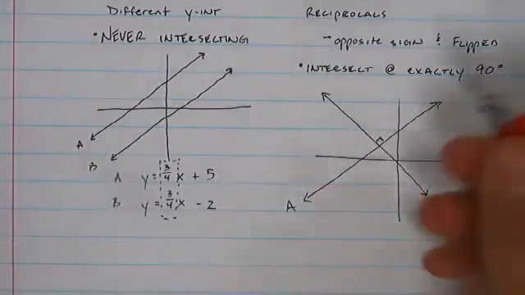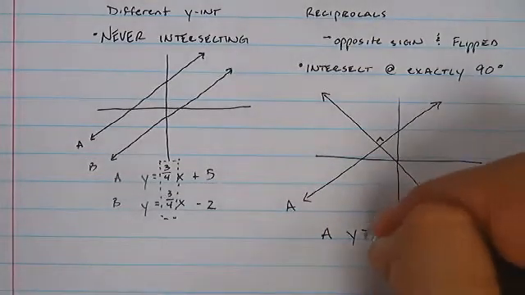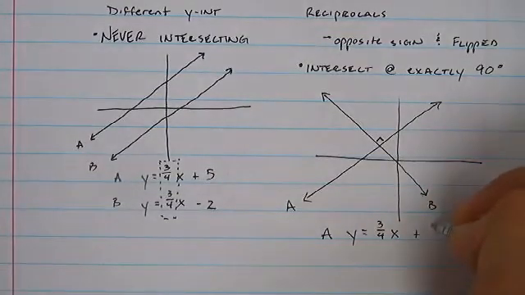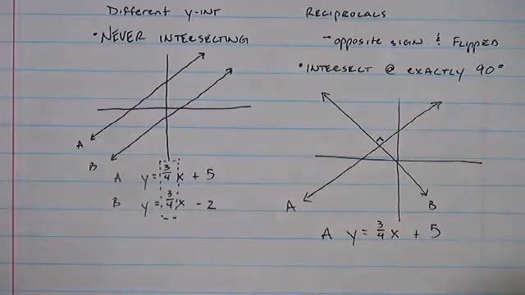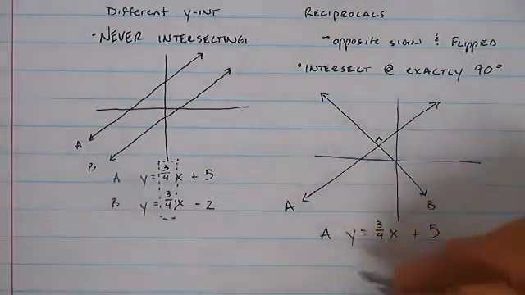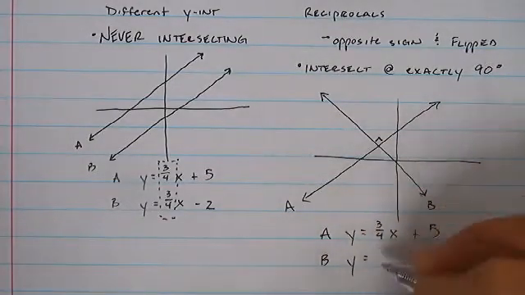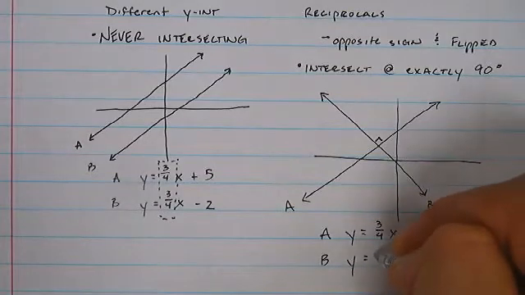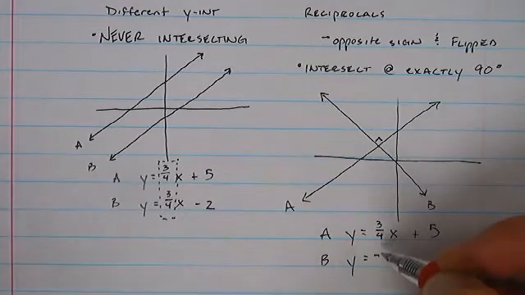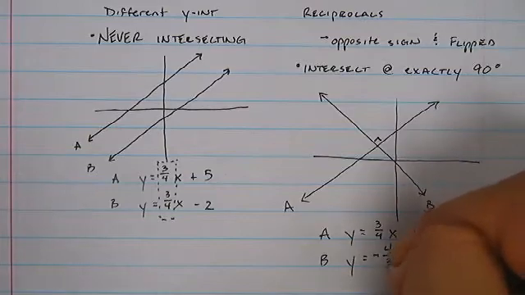Well, again, line A, we're going to use that same equation. So if line A is y equals 3/4 x plus 5, line B looks to almost go through the origin on this one. So we'll call it the origin. But more importantly, we have the slope being now the opposite sign. So was positive, it's now going to be negative, and we're going to flip it over.